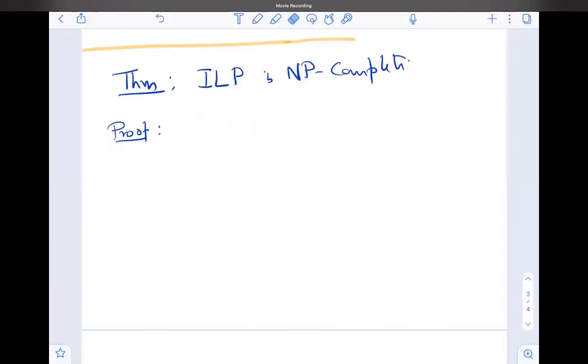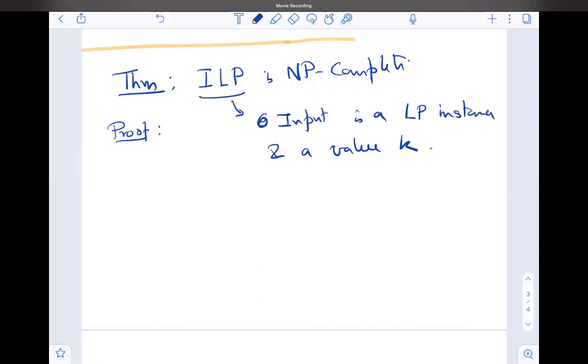So ILP basics: the input is a linear programming instance and a value k, and the output is 1 if there exists an ILP solution that is less than or equal to k, and zero otherwise.